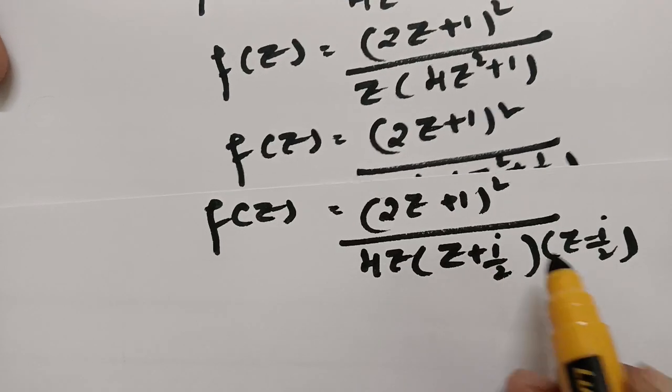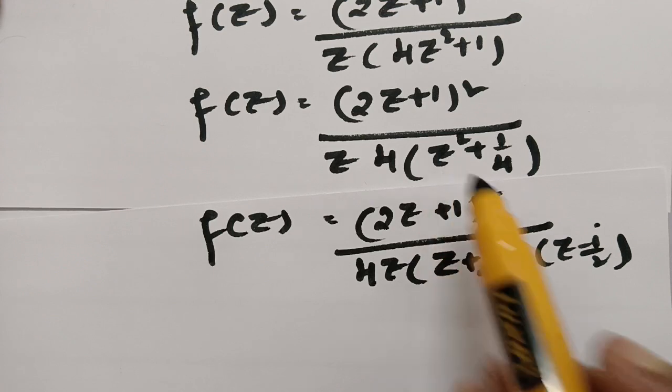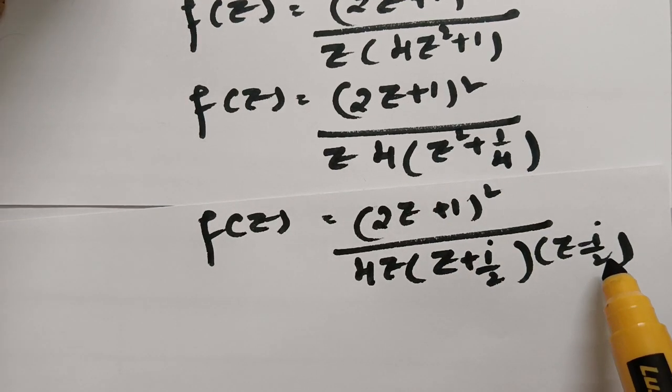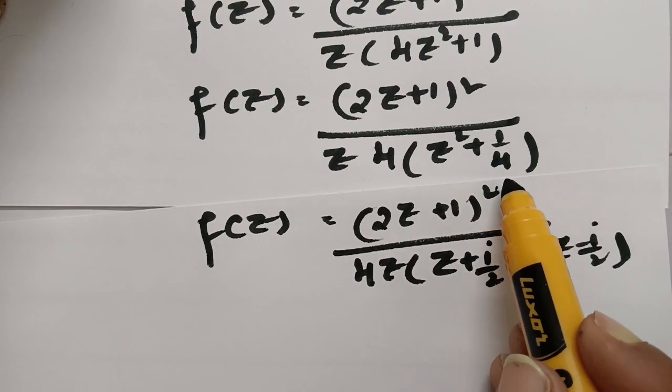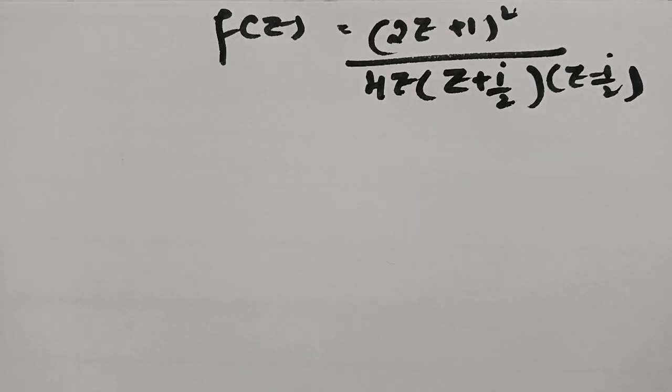This is of the form (a+b)(a-b), which is equal to a²-b². So this is z², minus (i/2)², where i² is -1, so minus of minus gives plus 1 by 4. So clearly we got f(z) as this. Now for this function we have to find the pole values.